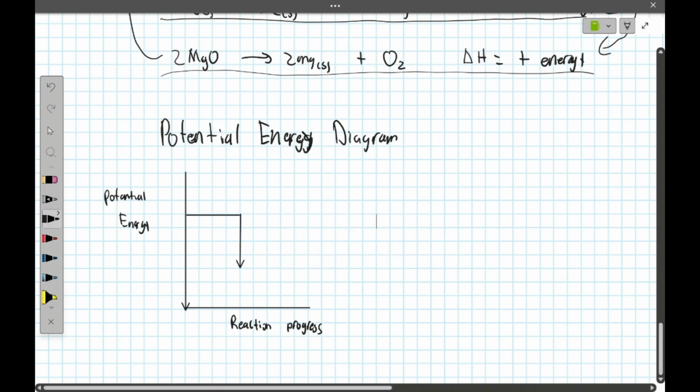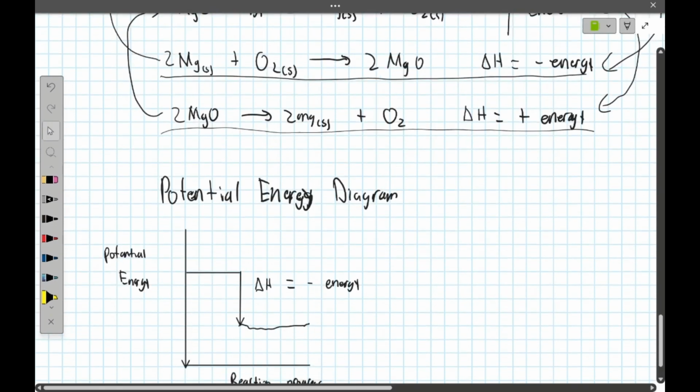From here, it just continues. So here, this is the change. It's equal to negative energy.